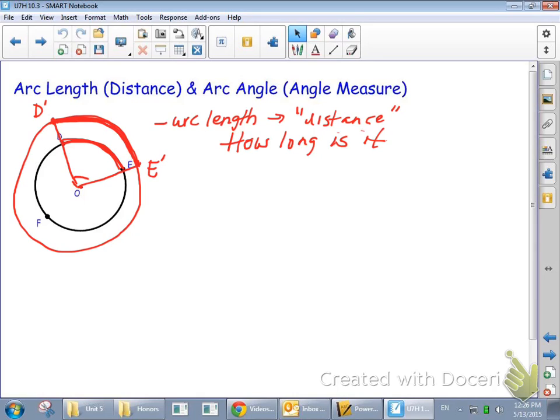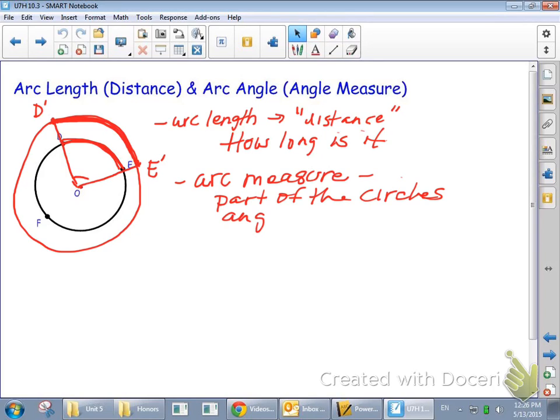Right now, we're going to be talking mostly about the arc angle measure, or we call it arc measure. It's a part of the circle's angle sum.